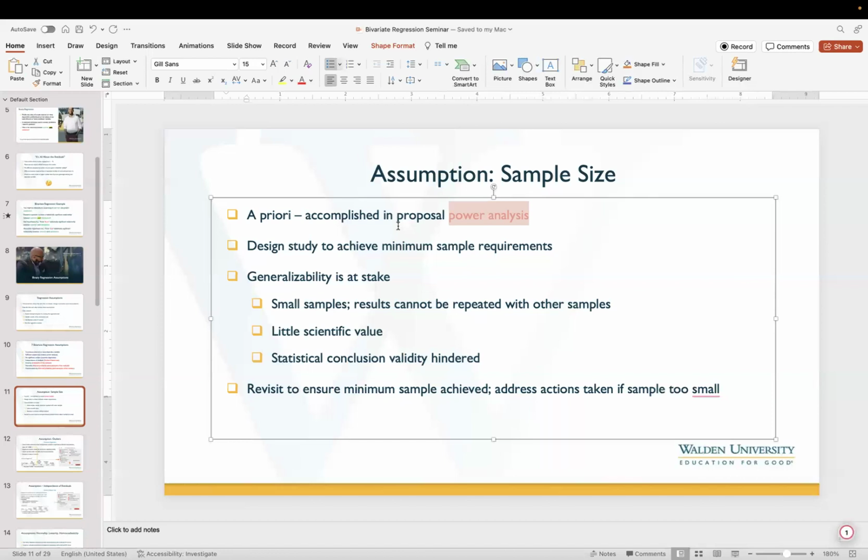So then you need to go out and recruit and get that many, okay? Because we know generalizability is at stake when we don't have the right sample, little scientific value. You pretty much have a useless and meaningless study. So that's a very important thing to understand, that you'll conduct a power analysis, okay?